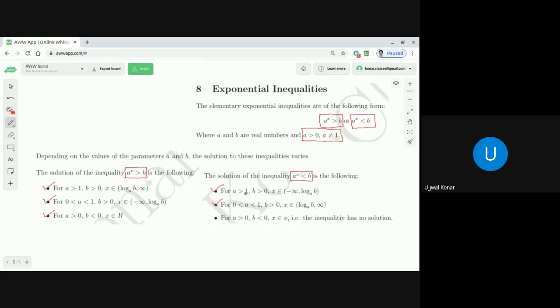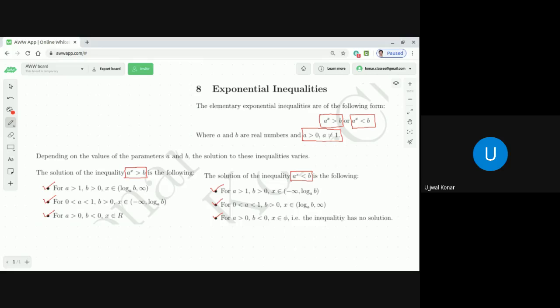And when a is greater than 0 and b is less than 0, then there doesn't exist any solution. That is why we wrote that x belongs to phi. Phi is a null set, if you recall, dear students. If you looked into my video lectures on sets, then you'll understand phi is the null set.